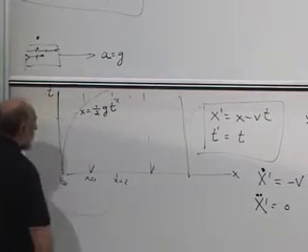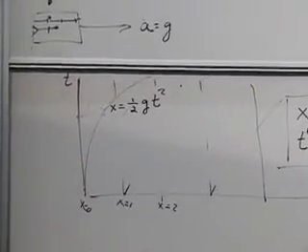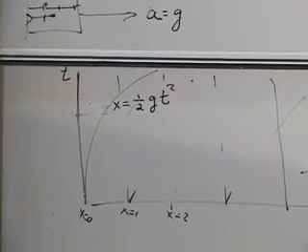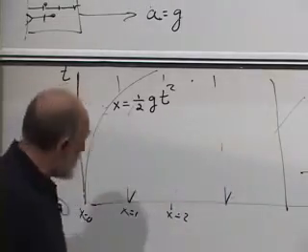Is this known to everybody? This is a standard formula for uniform acceleration. Yell out if you don't know it. Okay, this is the elementary calculation of a thing moving with uniform acceleration.